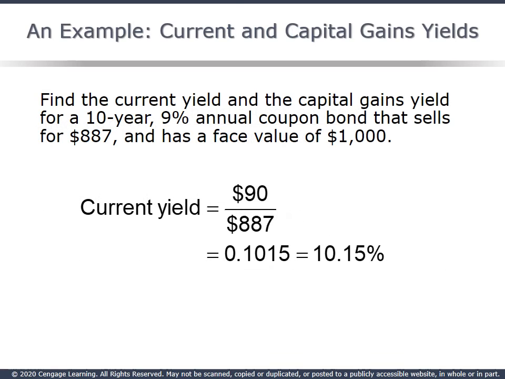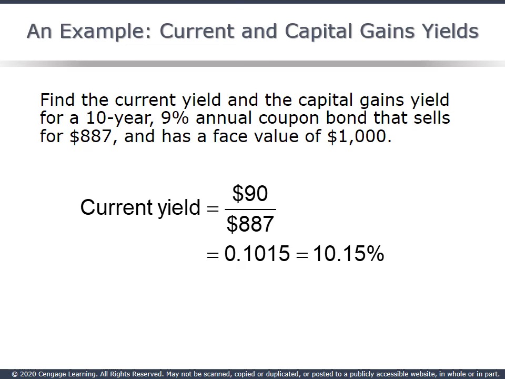Well, the expected total return is what we just calculated, the yield to maturity. So here's an example of a problem. So going back to that original scenario where we had a 10-year 9% annual coupon bond that was selling for $887, had a face or a par value of $1,000.